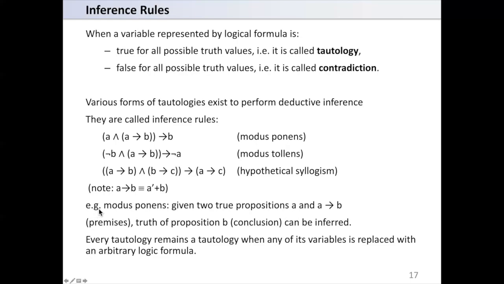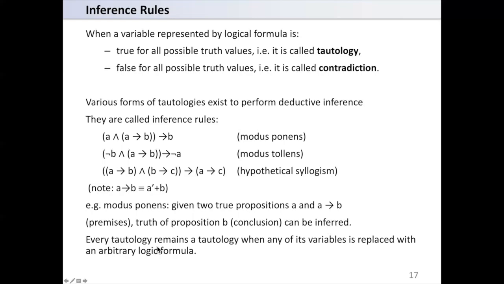For example, if we consider modus ponens, if we are given two true propositions, A and A implication B, these are called premises. The truth of proposition B, the conclusion, can be inferred.